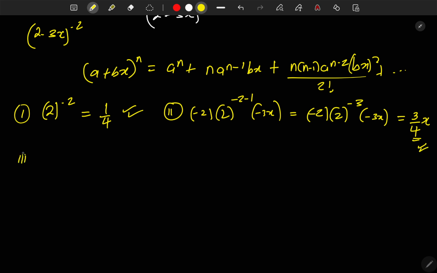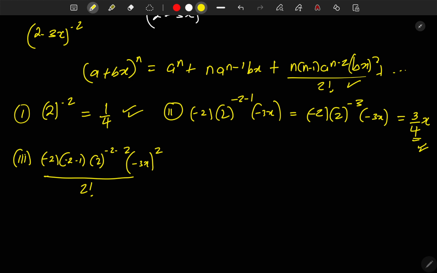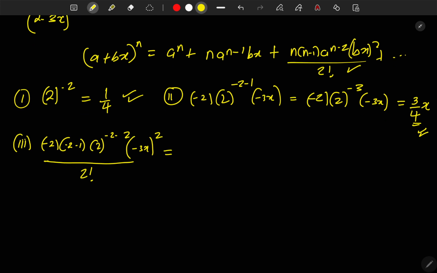Let's go to the third term. The third term involves n, which is negative 2, then n minus 1, which is negative 2 minus 1. Our a is 2, and the power is now negative 2 minus 2. Then bx is negative 3x squared, but remember, we are saying over 2 factorial. So what are we getting when we evaluate this?